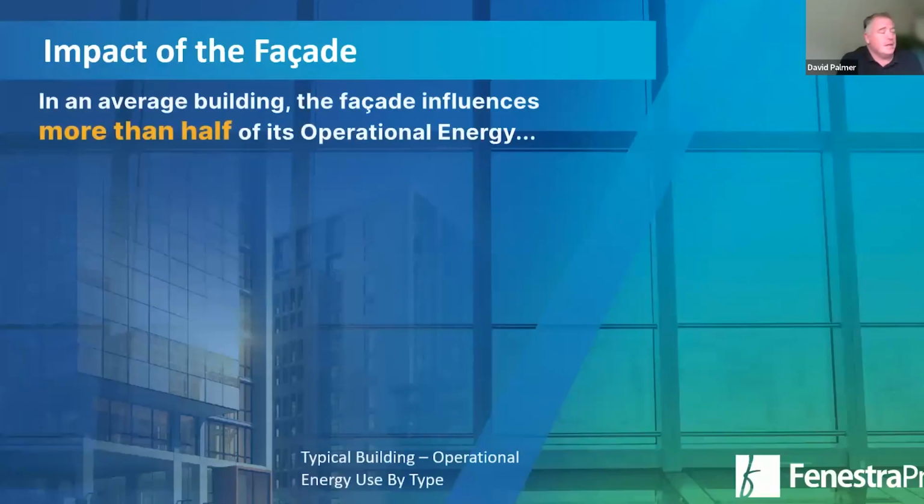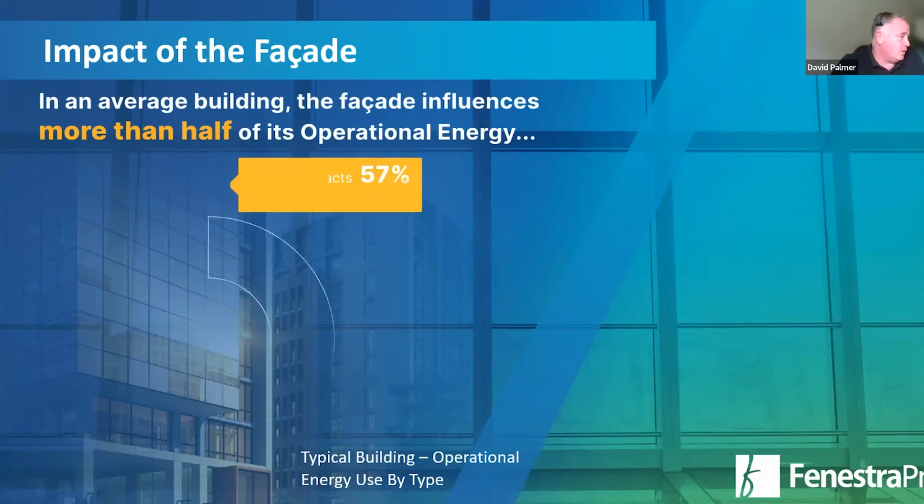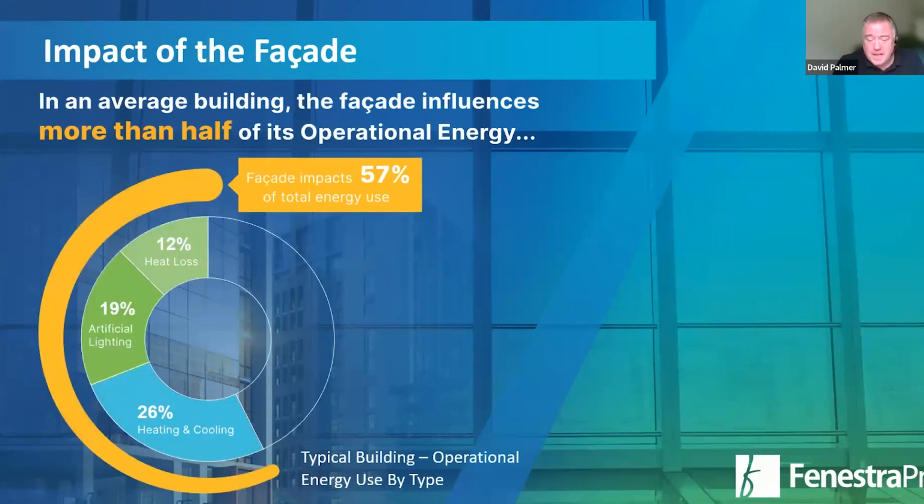What I would say, just to get a sense of the amount of energy that the facade is responsible for, is a very useful diagram that we look at here. The facade represents or controls over half of the energy used in buildings, and it does that, obviously, by controlling the heat loss, but also by enabling passive solar heat gain, and how you control that heat gain to make sure that the building isn't overheating, so you're reducing your cooling loads, but also trying to maximize that amount of natural heat to reduce your heating loads.